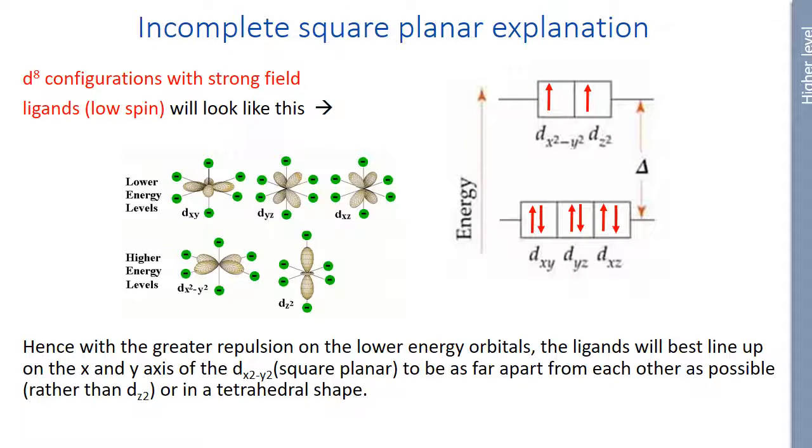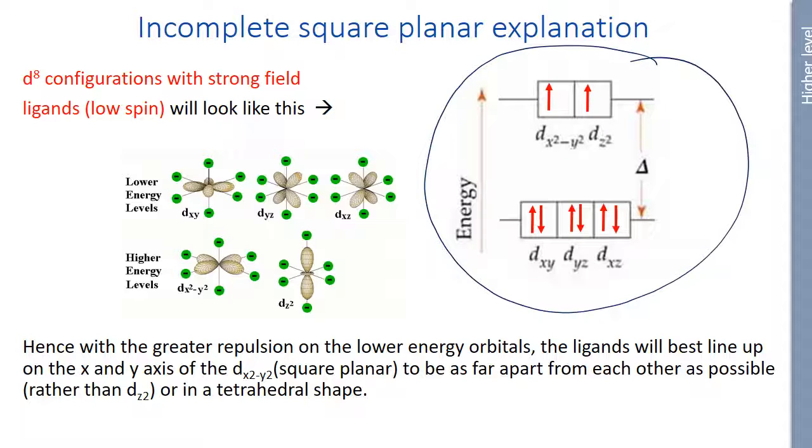So this explains the square planar arrangement for, say, copper 2+, d8 configurations, with strong field ligands like cyanide. So what will happen is you'll end up causing a split like this.